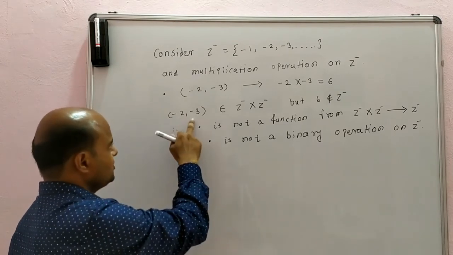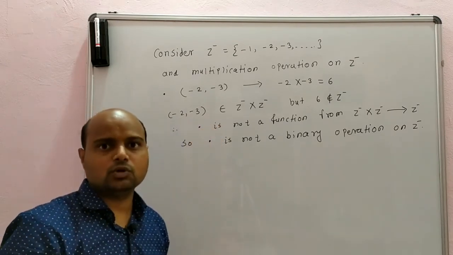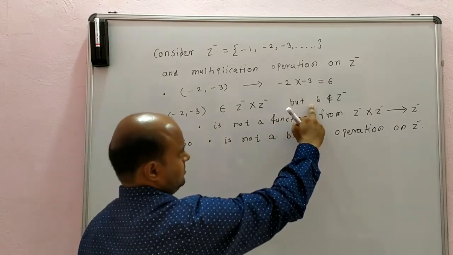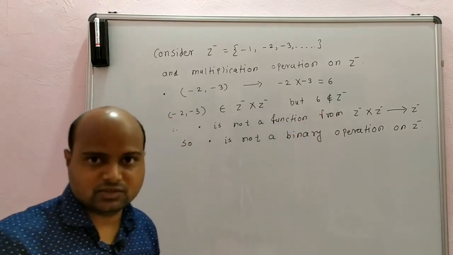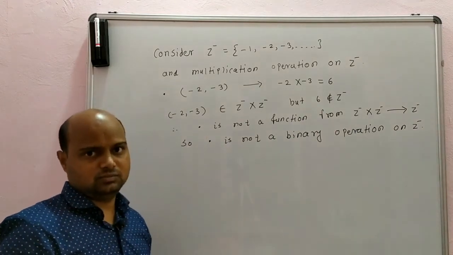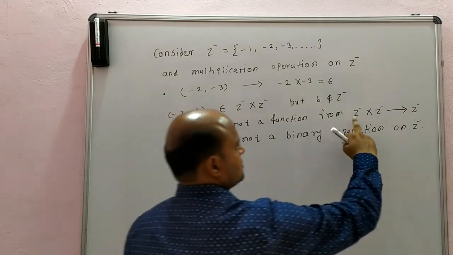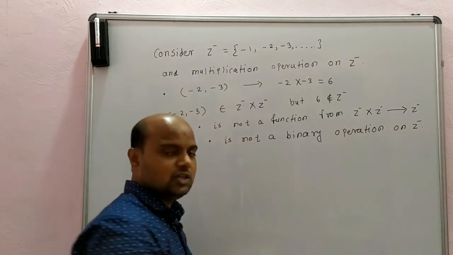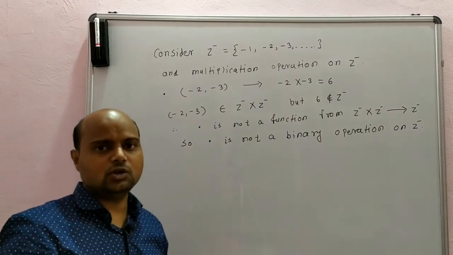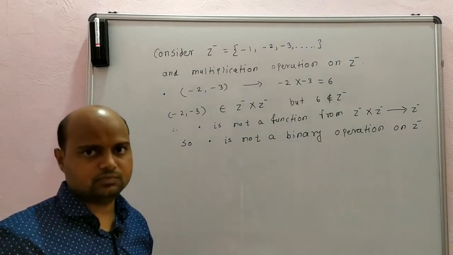(Minus 2, minus 3) is in the Cartesian product of Z minus with itself, but 6 is not in Z minus. Therefore, multiplication is not a function from Z minus cross Z minus into Z minus. It is not a function, therefore it is not a binary operation.